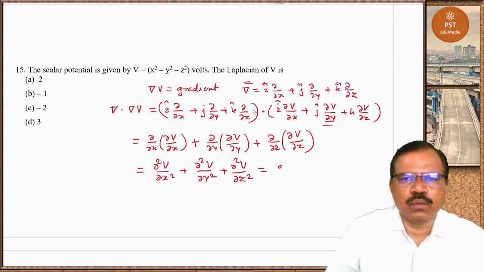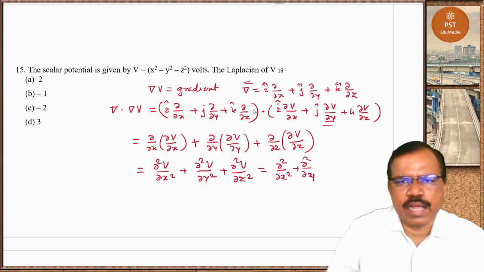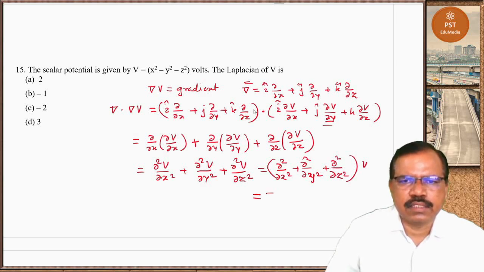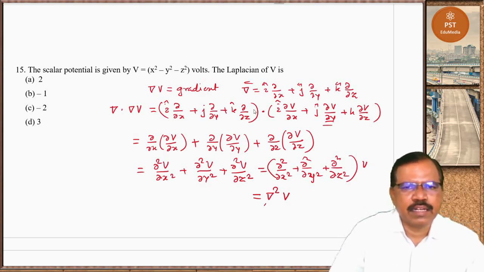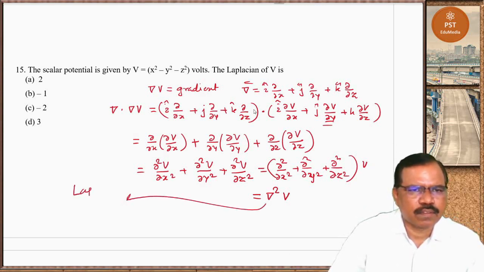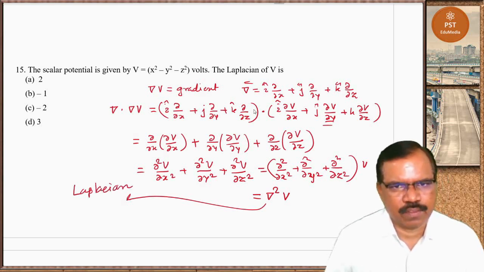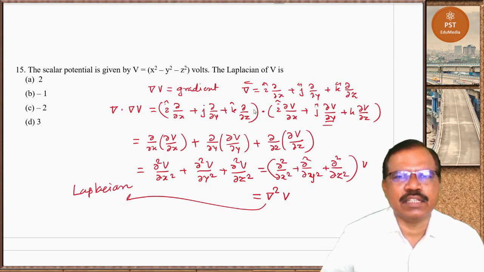Or this is equal to (∂²/∂x² + ∂²/∂y² + ∂²/∂z²) operating on V. And this is del square. Del square is this bracket, and this del square is called Laplace. So we have to find Laplace of V.